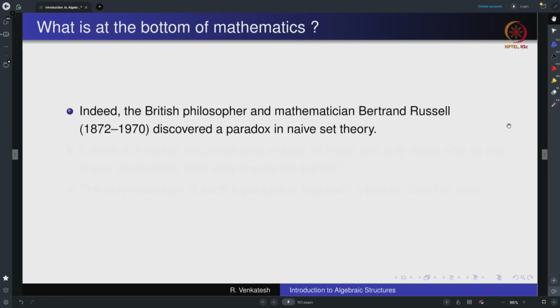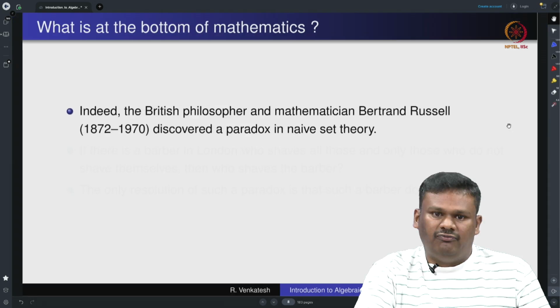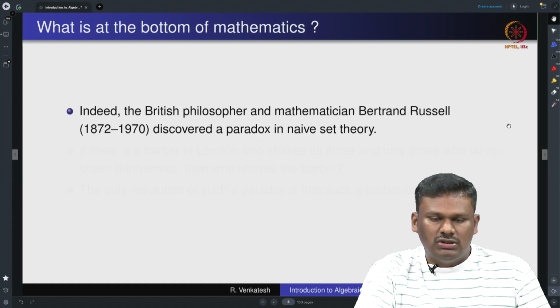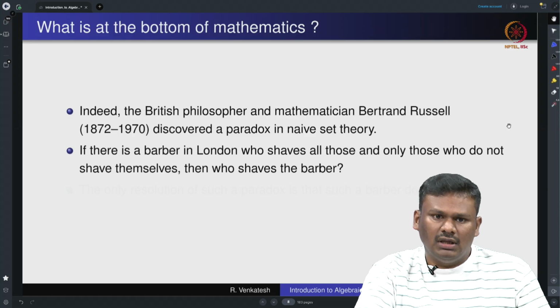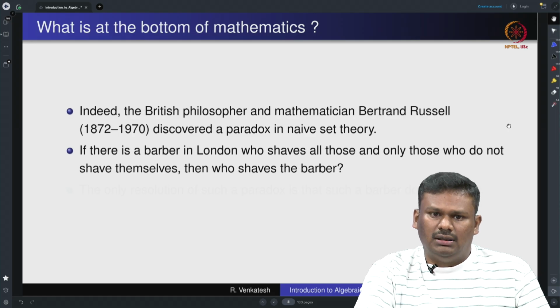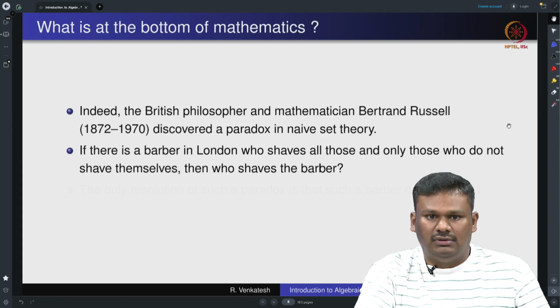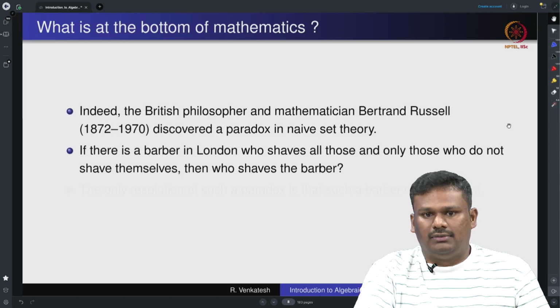Indeed, the British philosopher and mathematician Bertrand Russell discovered a paradox in naive set theory. The paradox is usually stated as follows. If there is a barber in London who shaves all those and only those who do not shave themselves, then who shaves the barber?